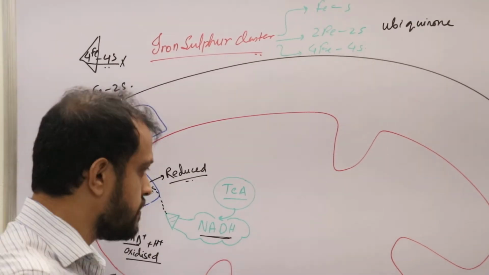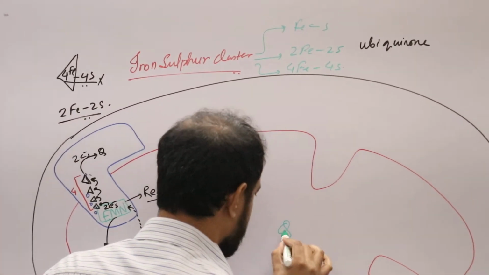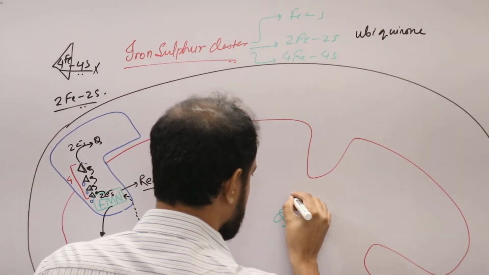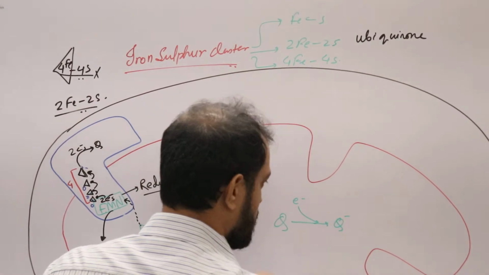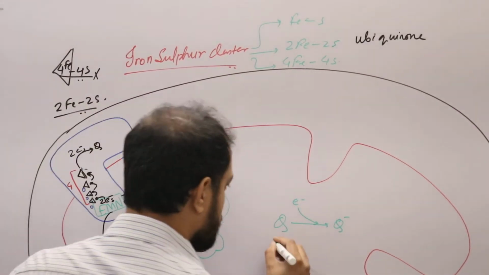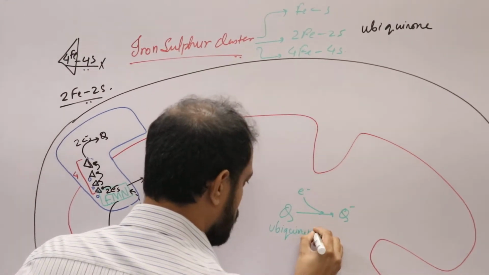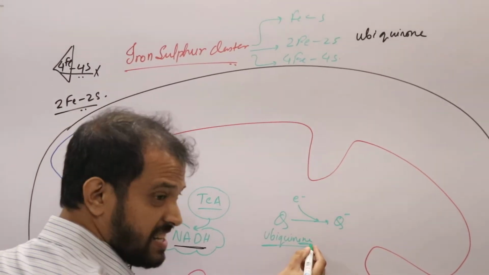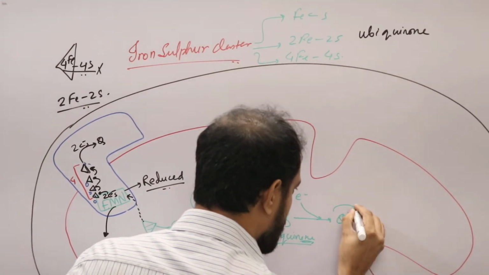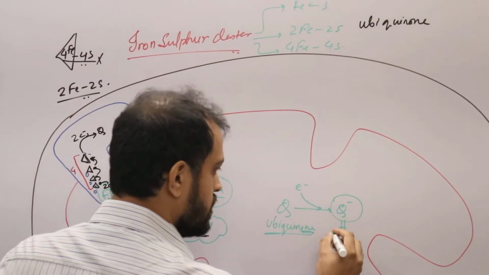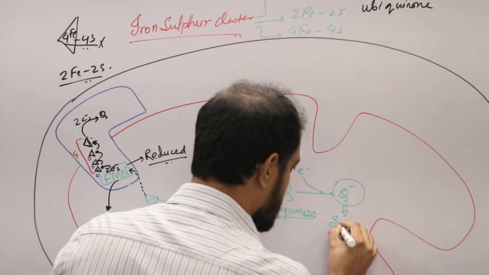Whenever there is Q and you add an electron, then Q will become negative. This is called ubiquinone. That means it's a ketone. Whenever you add an electron to ubiquinone, it is converted to semiquinone.